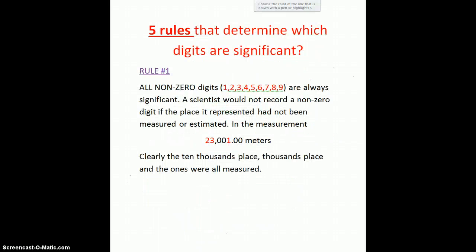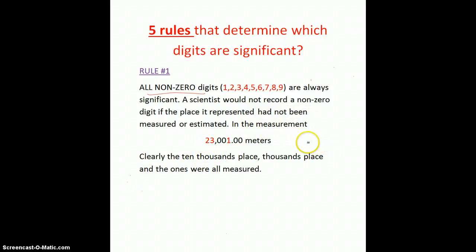So there are 5 rules that determine which digits are significant and which ones are not. And the first and easiest rule is that all non-zero digits, that's 1, 2, 3, 4, 5, 6, 7, 8, and 9, are always significant. A scientist would not record a non-zero digit in making a measurement unless it represented a place that had actually been measured or estimated.